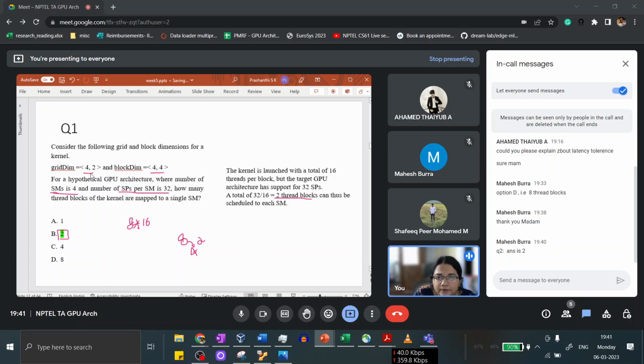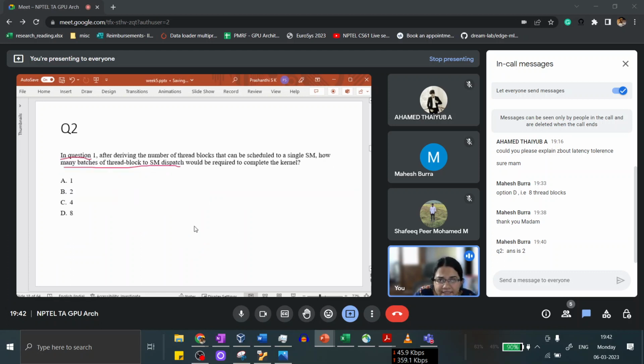So you have a total of 8 blocks and you're dispatching 2 thread blocks per SM, which means across the 4 SMs you dispatch all 8 blocks. And you have a total of 16 threads per block, and since you have 2 blocks per SM, you have a total of 32 threads, and since you have 32 SPs, all of them can be executed.